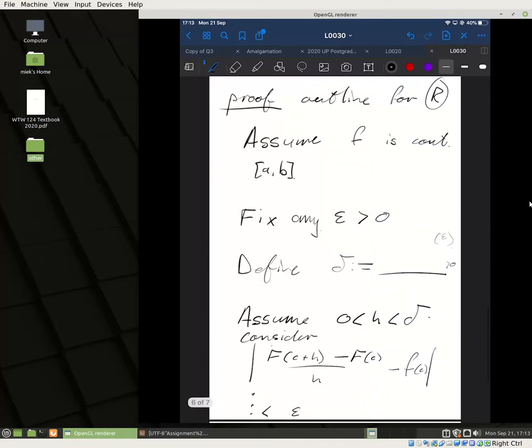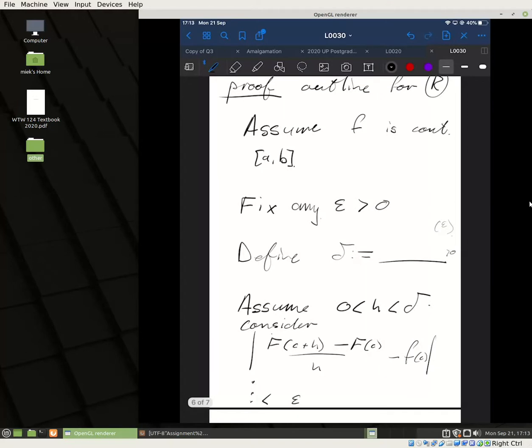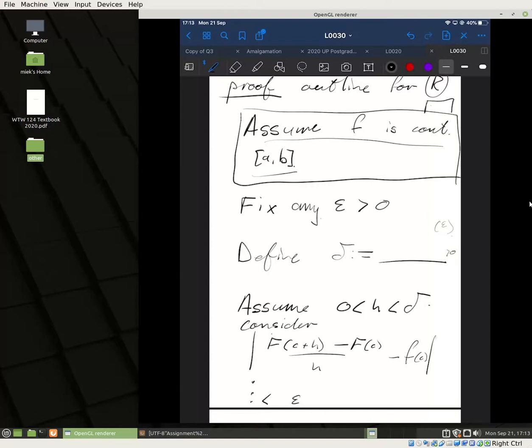So here is the outline for our proof, and we have to keep in mind that we will have to use that little f is continuous on AB. Remember, when we make an assumption like this, we can treat it like a shop. Remember the definition of continuity.